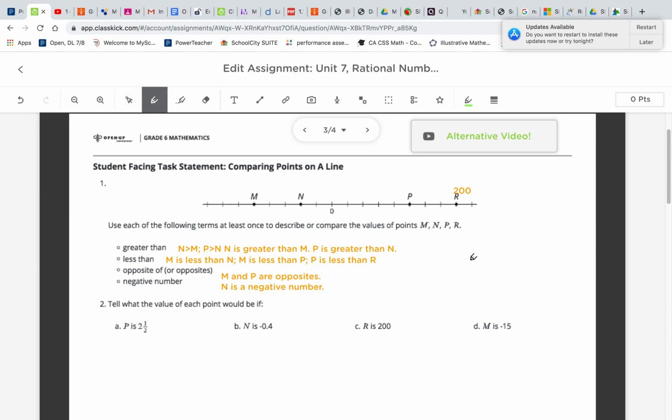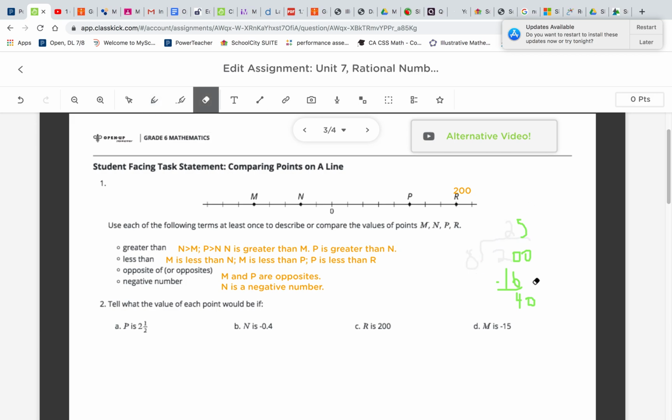And so if you're not sure what that is, let's go ahead and work on our division. So 200 divided by 8. So 8 can't go into 2, but it can go into 20 2 times. 2 times 8 is 16. 20 take away 16 is 4. Bring down the 0. 8 goes into 40 5 times. So that means that each mark has to be worth 25.